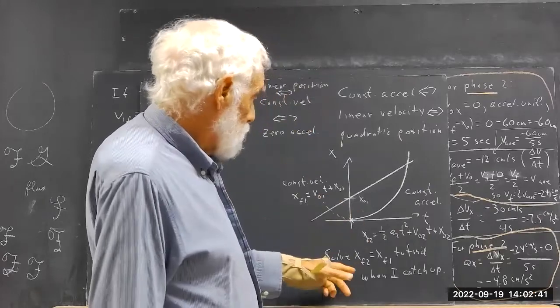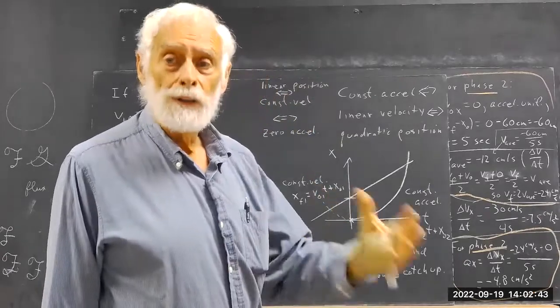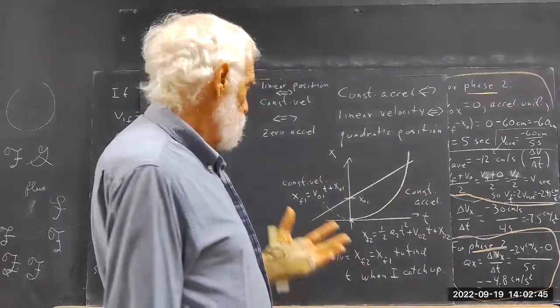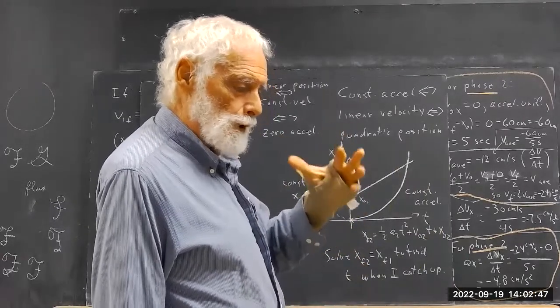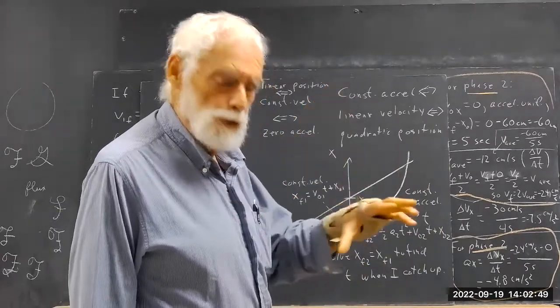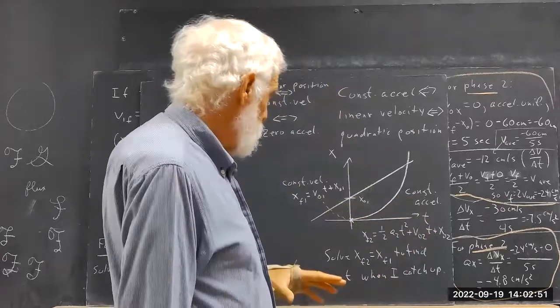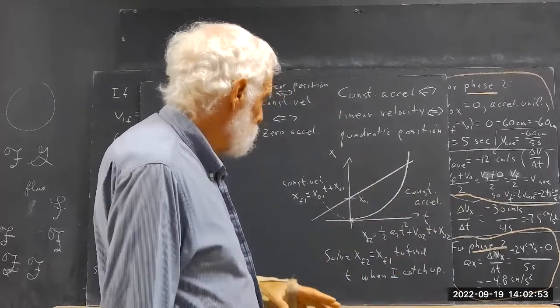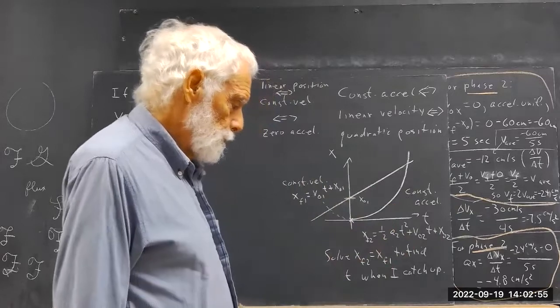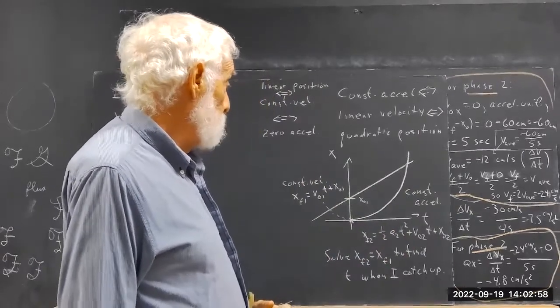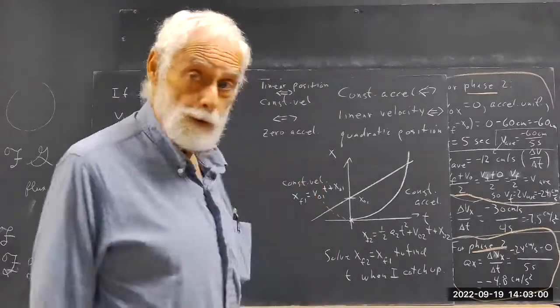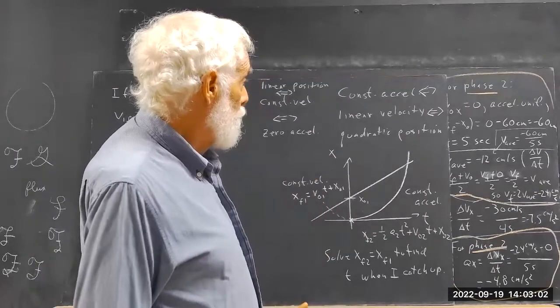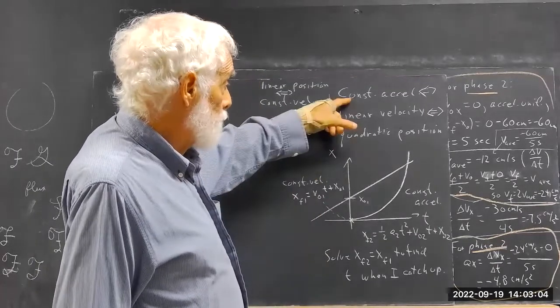Well, this is a general situation, something that's a little more difficult in our first chapter on uniform acceleration. It's mostly uniform acceleration. The last section gets into non-uniform acceleration. If acceleration is non-uniform, then I don't have constant acceleration.